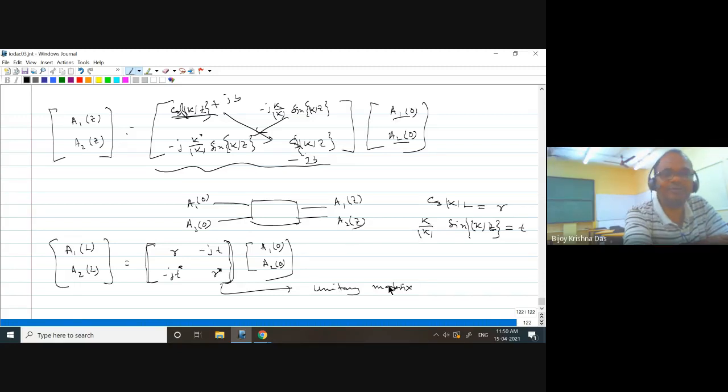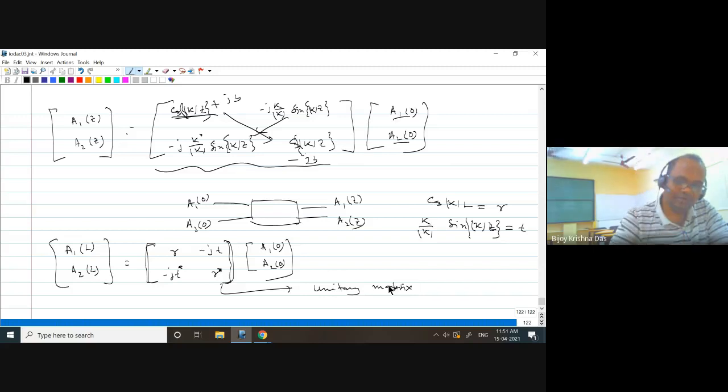Before that, normally we consider that a unitary matrix suggests a kind of lossless situation. Meaning, whatever input energy is going in, if there are two input ports, the same amount of energy will be coming out. There will be no losses, and no other form of energy will be created.